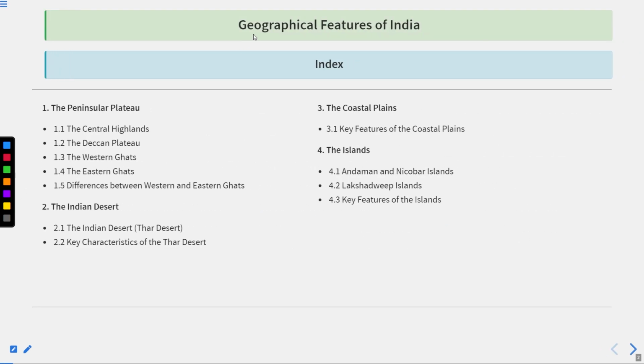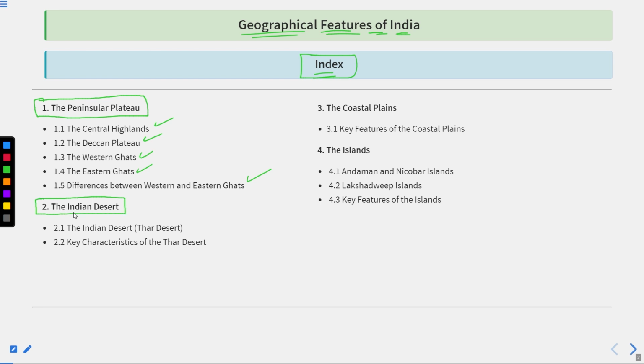So these are the topics in part 2 that we are going to discuss. First we will talk about the Peninsular Plateau. In this we will see the Central Highlands, the Deccan Plateau, the Western Ghats, the Eastern Ghats, and the difference between the Western and the Eastern Ghats.